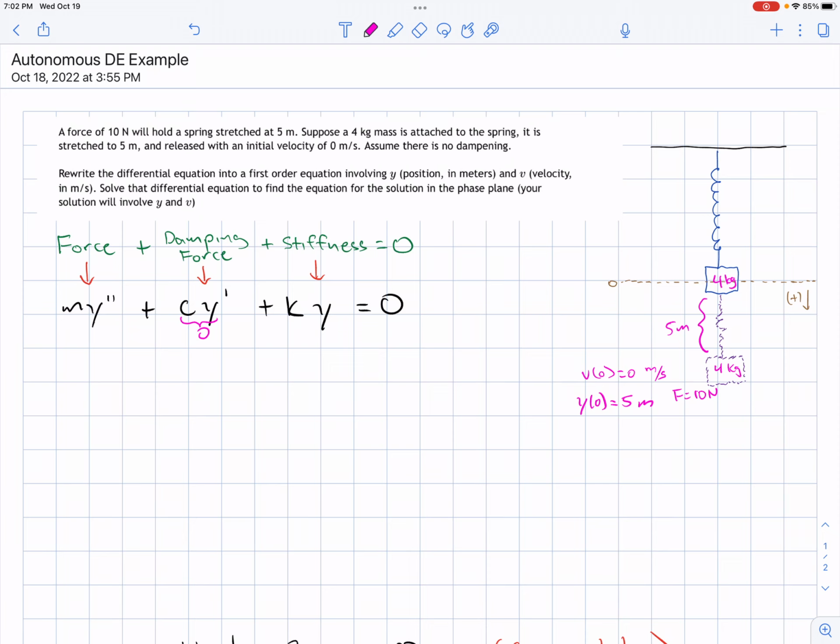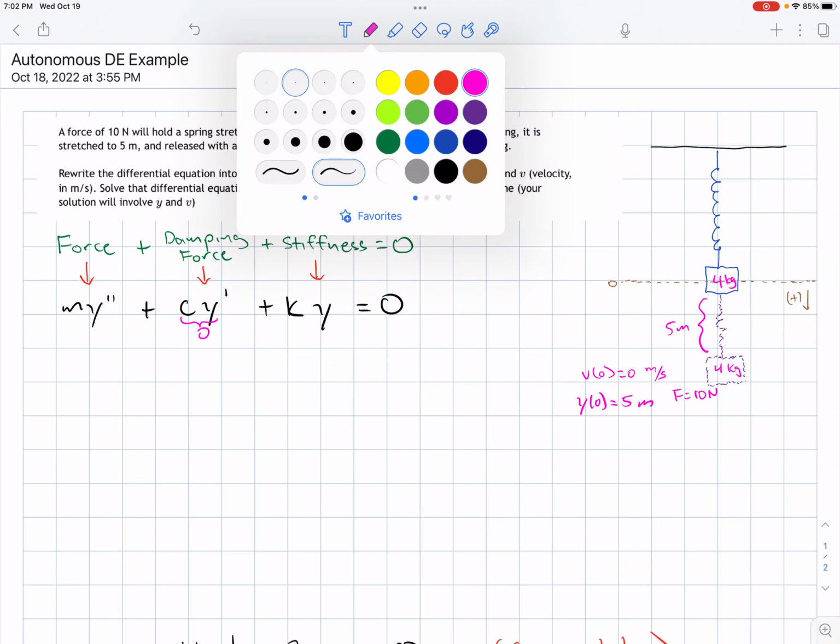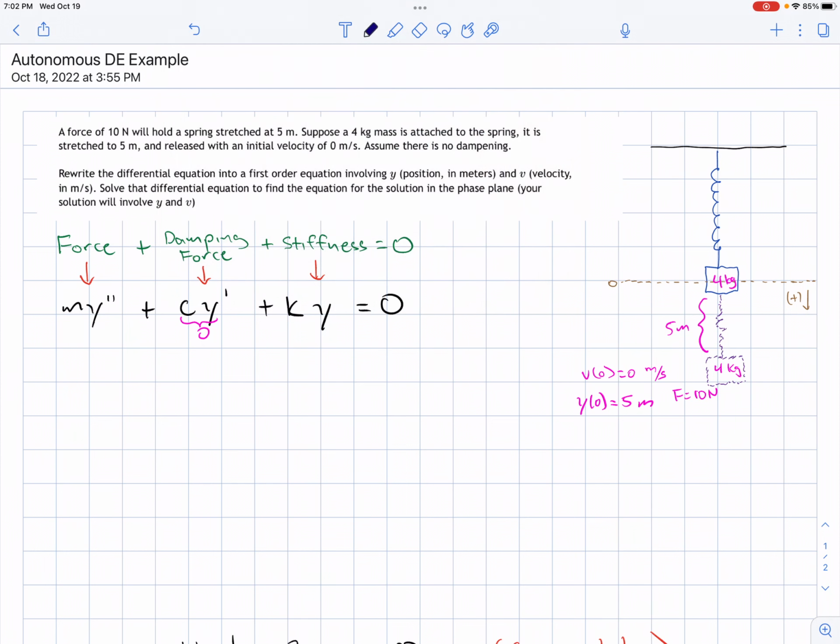So, that being said, we can let v be equal to y prime, which makes sense because that's velocity, which in turn means v prime is just y double prime.